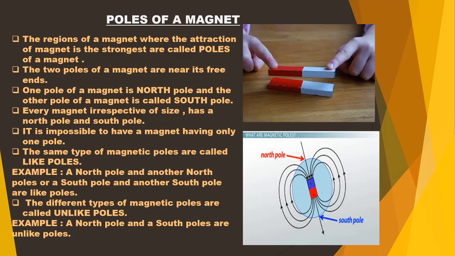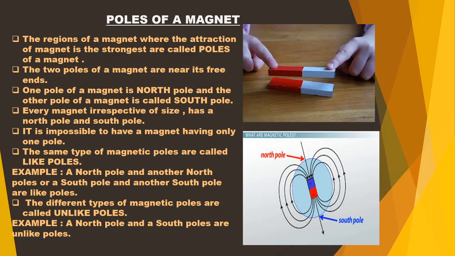So two poles of the magnet are present at the two free ends. One pole is known as the north pole, and the other pole is called the south pole. And every magnet, whether it is a bar magnet, a ring magnet, a big magnet or a small magnet, has a north pole and a south pole. It is impossible to find a magnet with one pole.